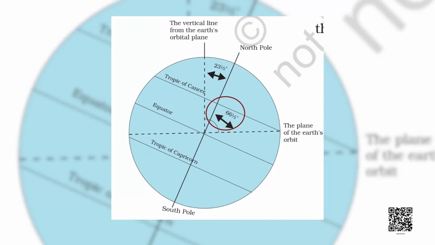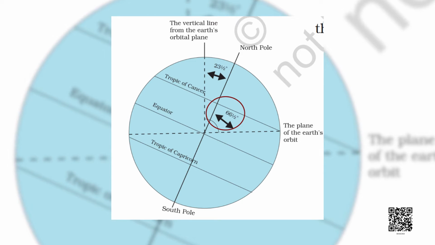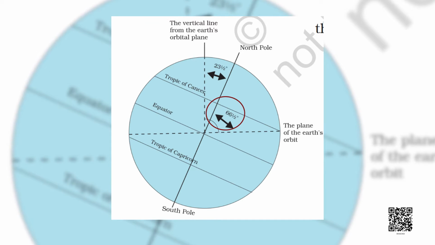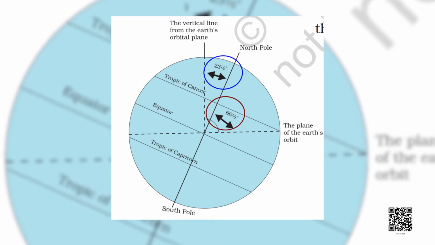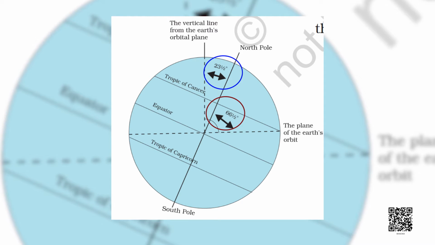Now study these pictures carefully. The Earth's axis of rotation is tilted 66.5 degrees with respect to its orbital plane around the Sun, and its axis of rotation is inclined 23.5 degrees from the perpendicular with respect to this plane.